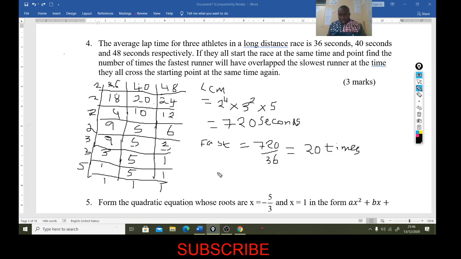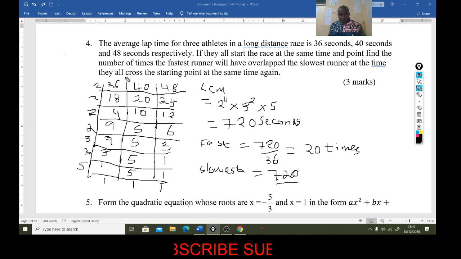And the slowest shall have moved slower, or slowest, not slower, slowest. Slowest will take how many laps? 720 all over 48.